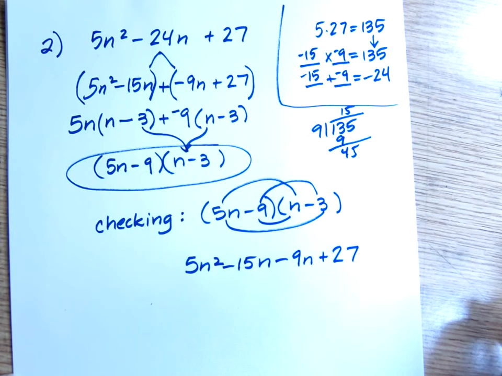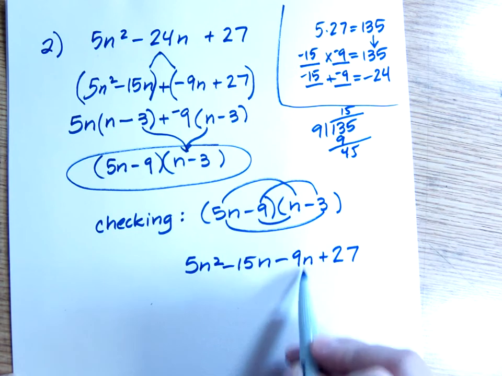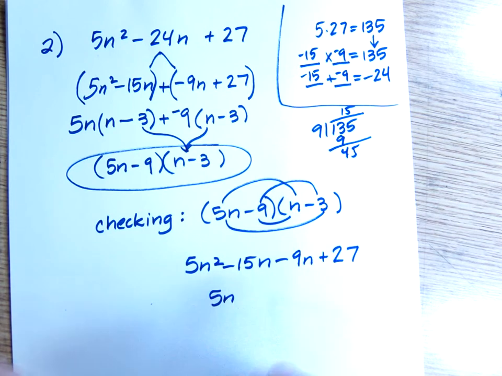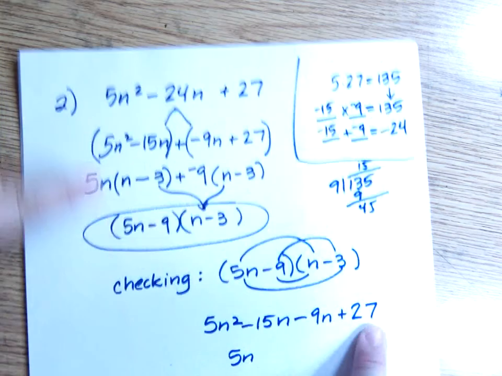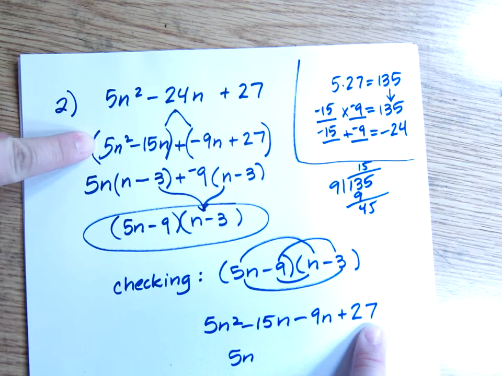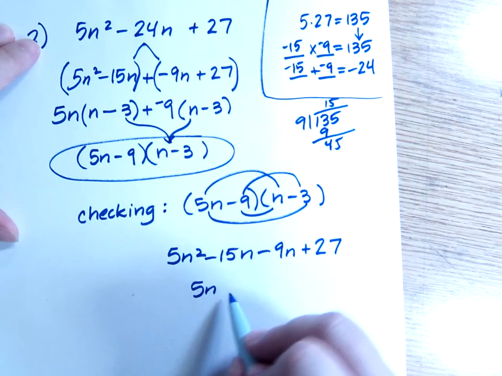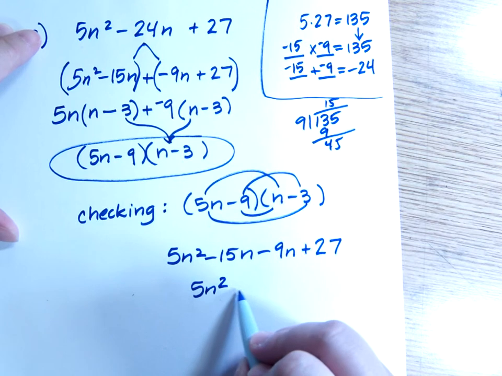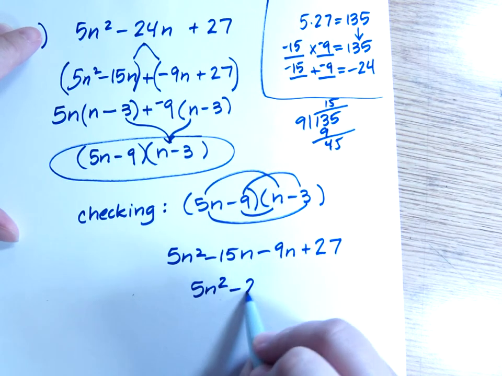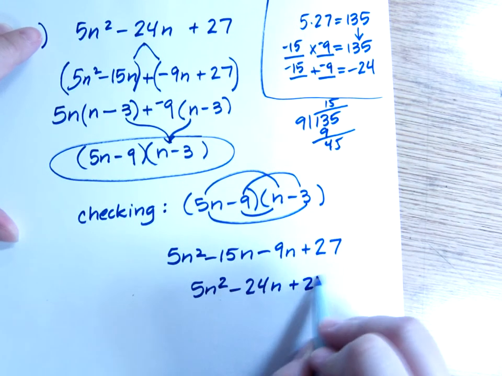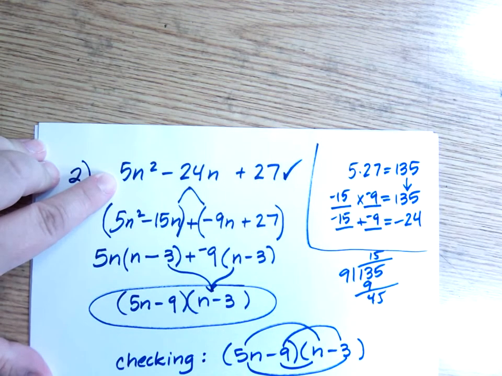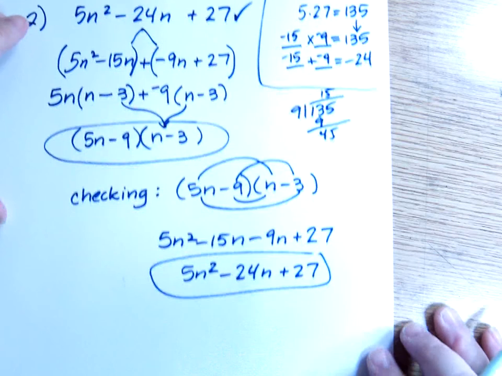And then these two terms combine. Notice that what I've got right here, these 4 terms, is what I had right here. So that was the whole point of splitting it into 4 terms, is we're sort of backwards doing FOIL. And that is sure enough what I started with up here. So I'm checking, and yes, it does work out to be that.